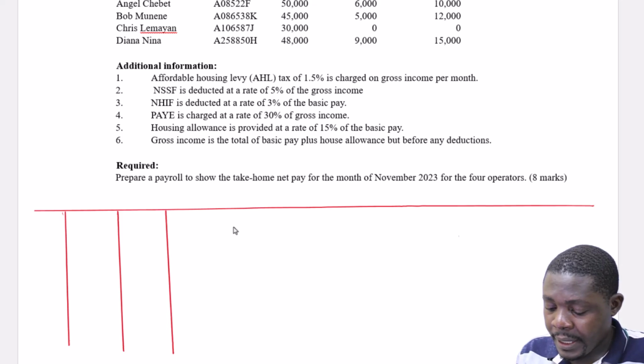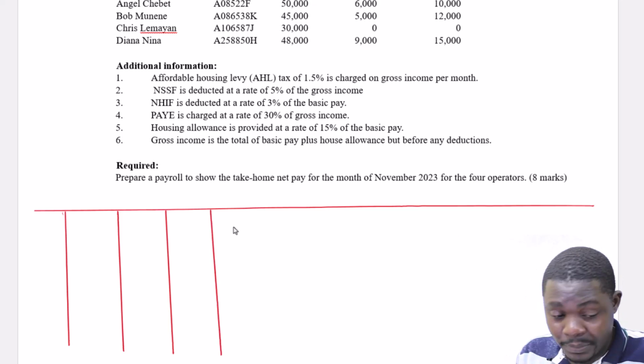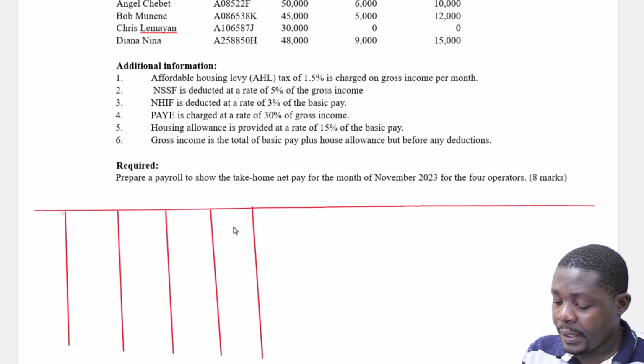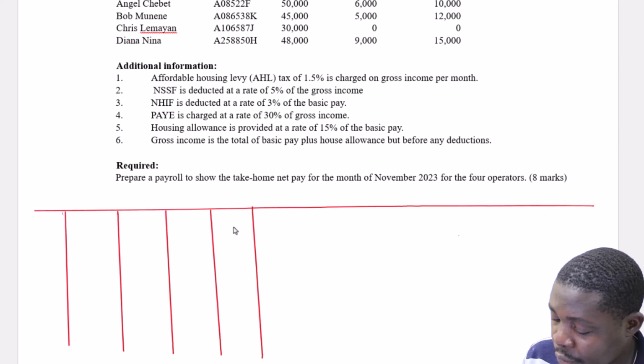Then next, I put the allowance. That will be our housing allowance. Then we have the gross pay. Then at this point, I put all the deductions.